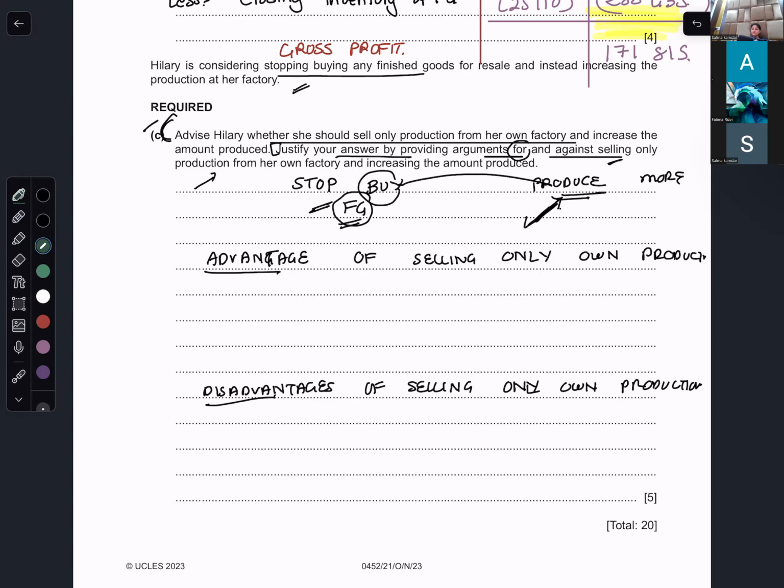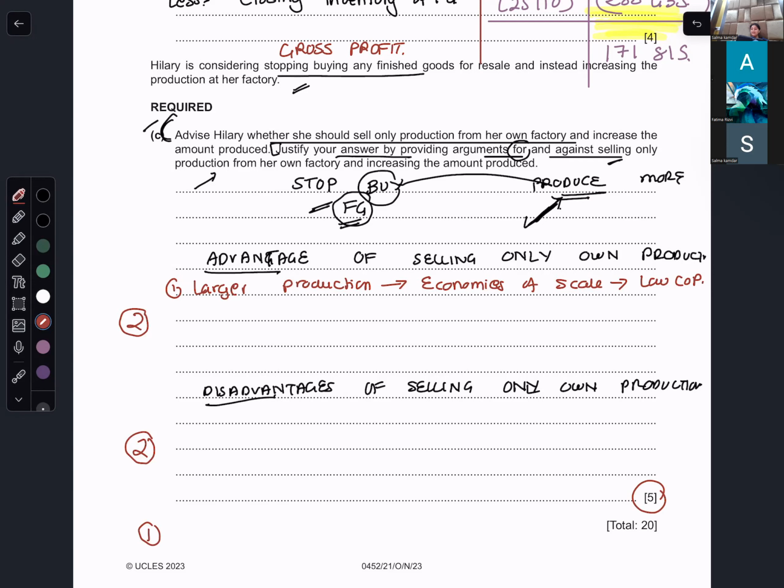So the advantage of selling only own production is there would be larger production, and if there is larger production, there would be economies of scale, which leads to low cost of production. See, you have to answer for 5 marks. So two advantages, two disadvantages, and 1 mark for advice.